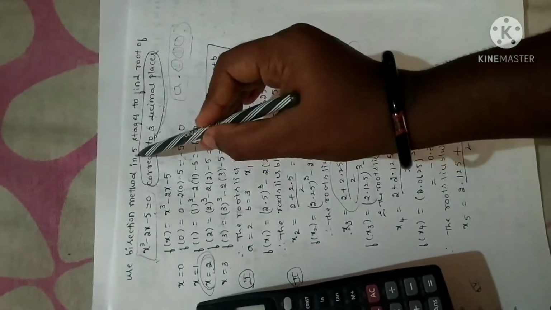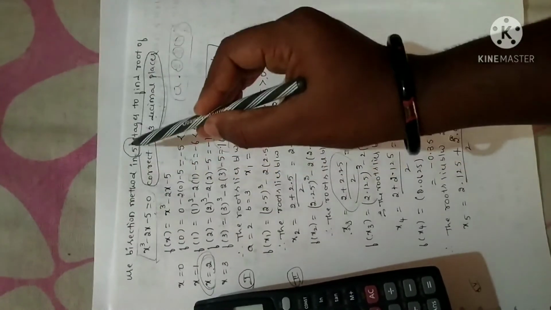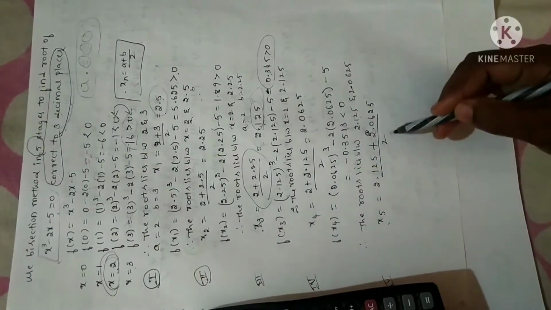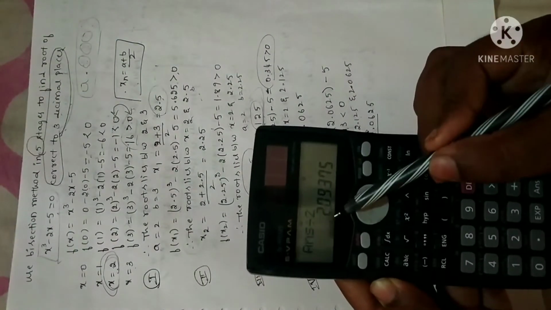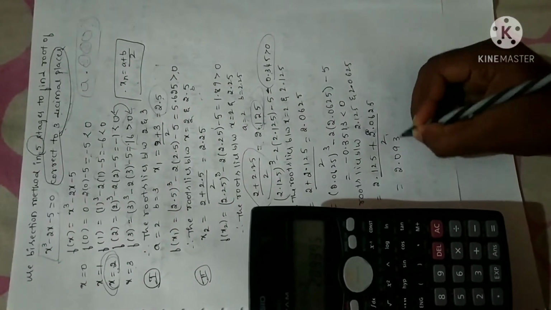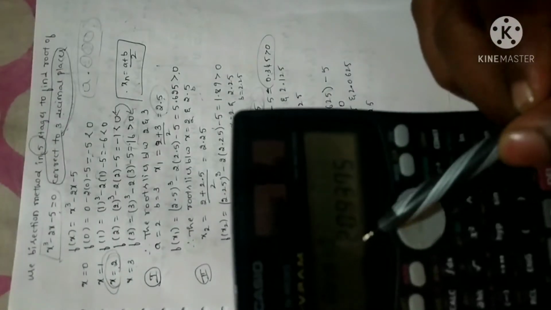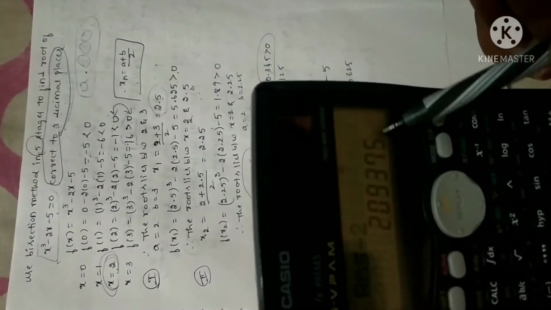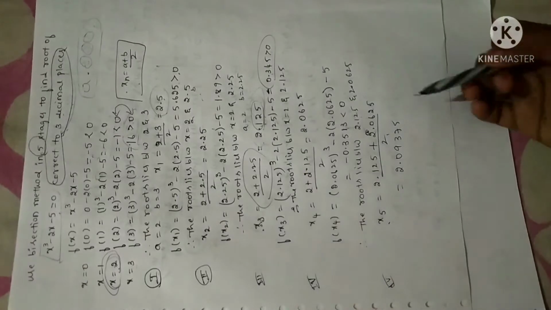Why? Because they have asked us to find the digits up to 5 stages, right? So 5 stages in the sense I have to find the x5 value. After simplification, x5 is 2.09375. I have written all the digits. See here, 2.09375.